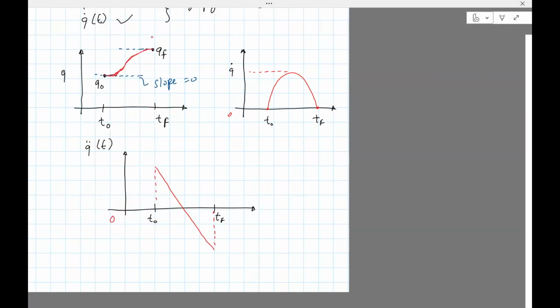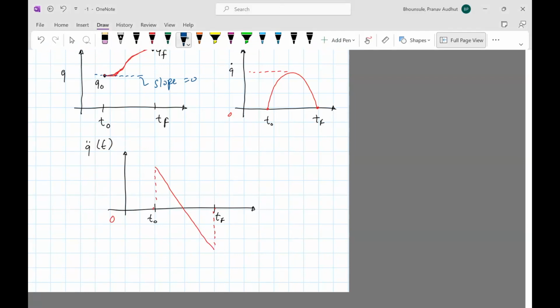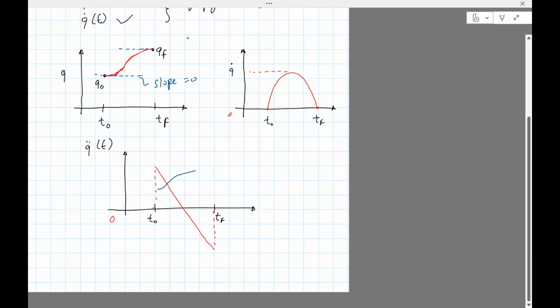So 0 here at the start and end, but there is a discontinuity here in acceleration. It's not only here, it's also here.